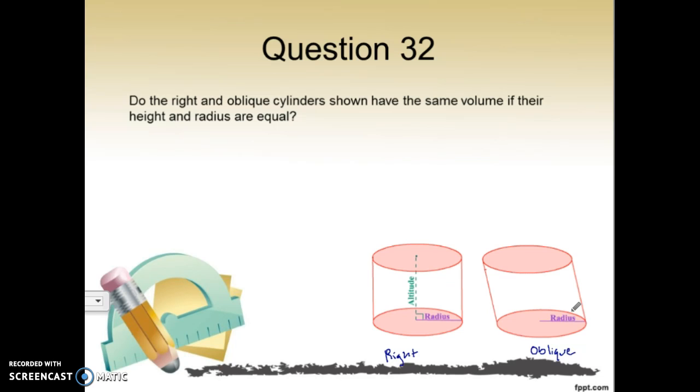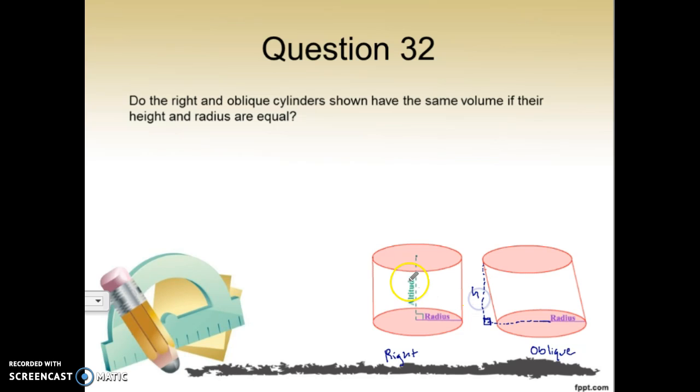All right, so we want to know if they have the same volume, if their height and radius are equal. So let's look at that. If I were to draw the height of this oblique cylinder, I might draw it something like this, so that it forms a perpendicular here with the radius, okay? So now that would be my height.